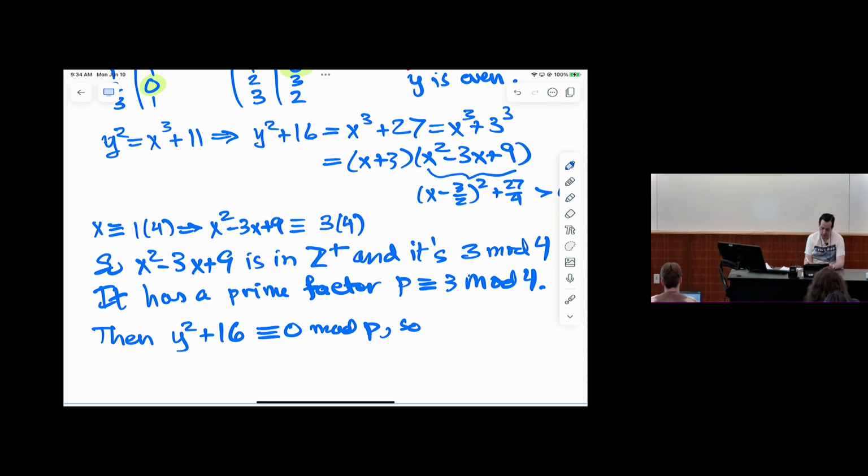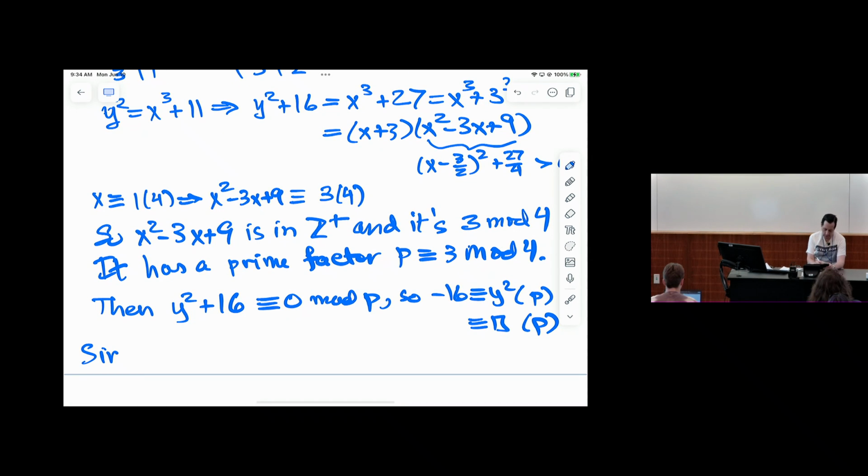And so you can say minus 16 is y squared. Minus 16 is a square mod p. And p is odd, since p is 3 mod 4. If minus 16 is a square, we can divide through by 16, absorb that into the square factor, and get that minus 1 is a square.